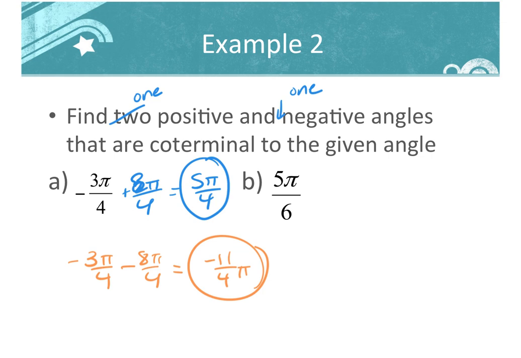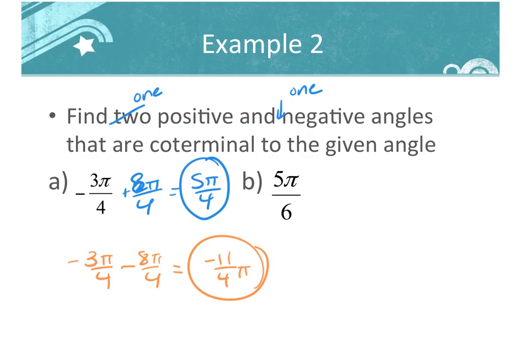If I wanted 2 positive coterminal angles, what are you going to do? Add 2 pi, good, to the one we found, right? So if this was my first coterminal positive angle, if I wanted another one, I'm going to add 2 pi again.